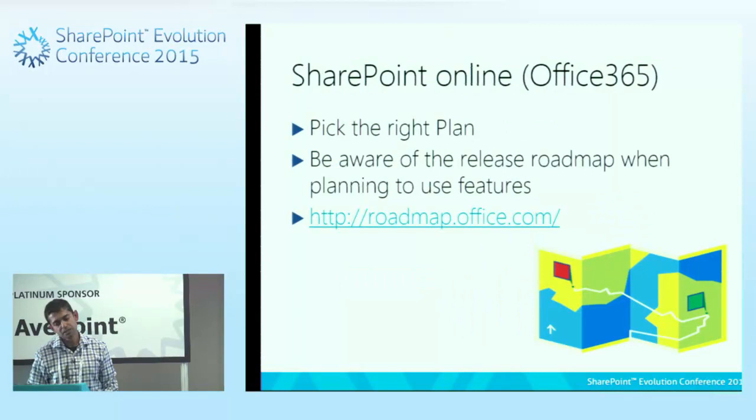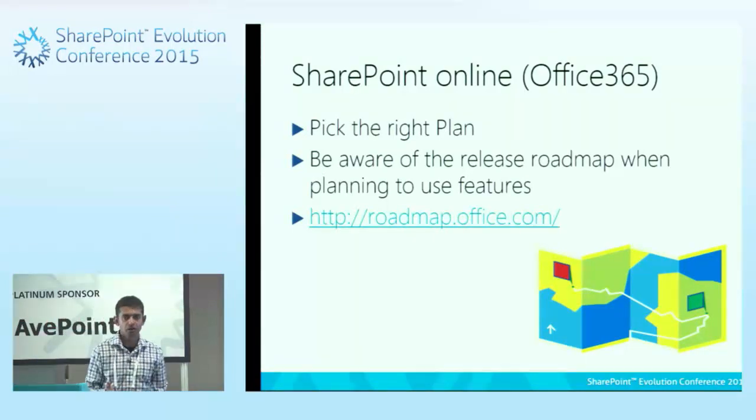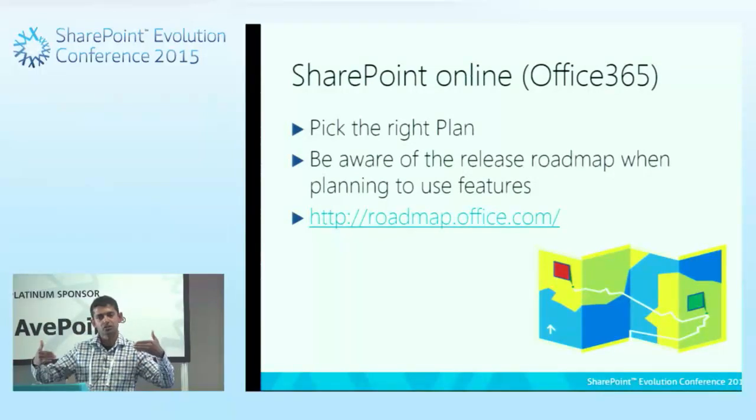And the other one is picking the right plan. With 365, there are different flavors, based on what you want to do. If you already have your business requirements nailed down, then you need to do a good comparison and understand, if I subscribe to the E1 plan or E3 plan, what do I get and what don't I get? What are the advantages, what are the disadvantages?